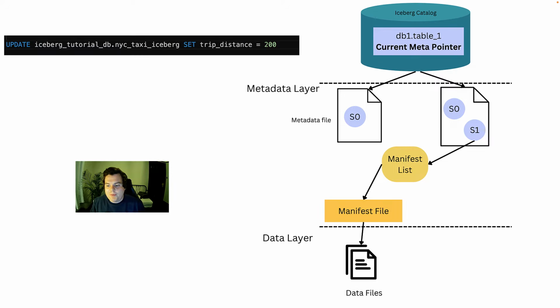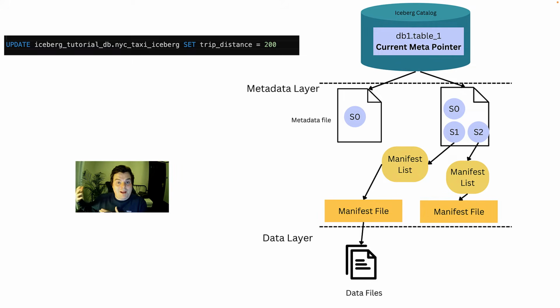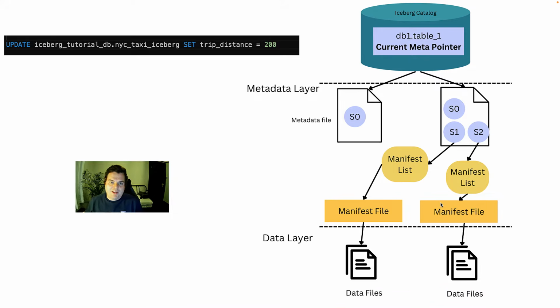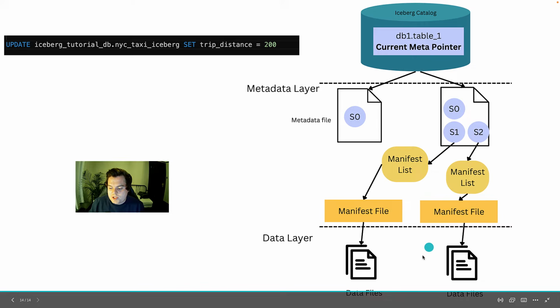Next, if we do an update, then we create a snapshot 2. So this is the next snapshot along in the list. It points to a series of manifest lists. That list contains manifest files, as you can see again, and those manifest files contain the data files belonging to snapshot 2. So snapshot 2 has these data files belonging to it. And if we run a query, then it says, oh, I need these data files to give me the answer for my query.